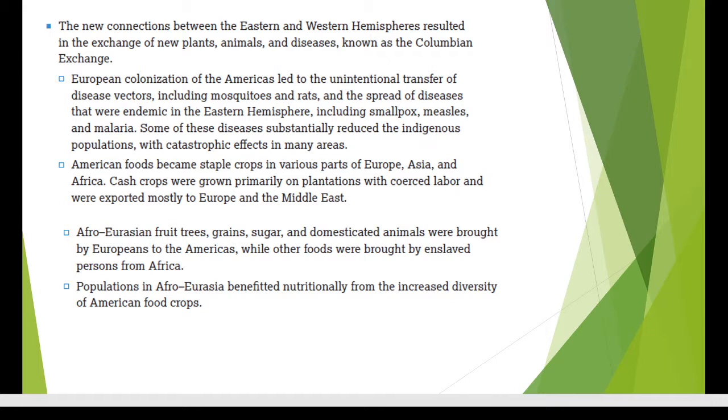In fact, American crops will become staples, as in important, in Europe, Asia, and Africa. One easy example would be my favorite because I'm Irish. Yes, Angel. Death of natives, known as Great Dying sometimes.